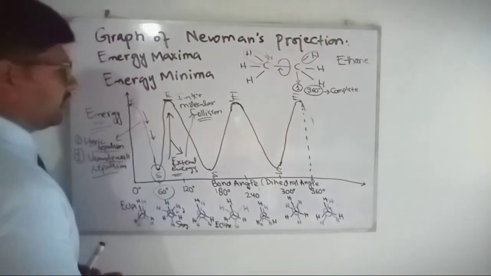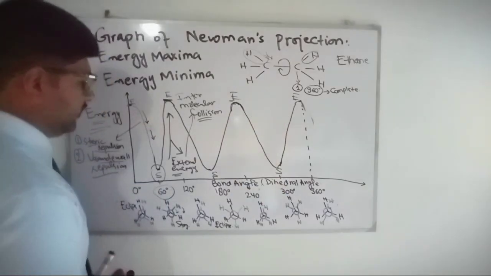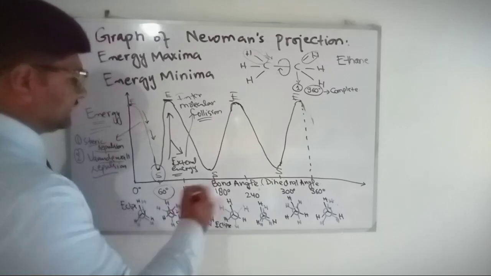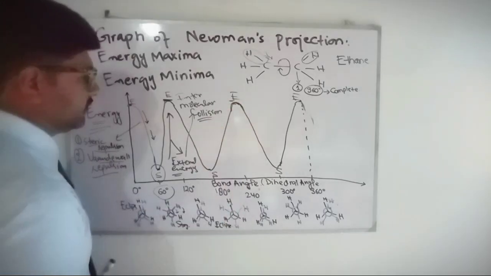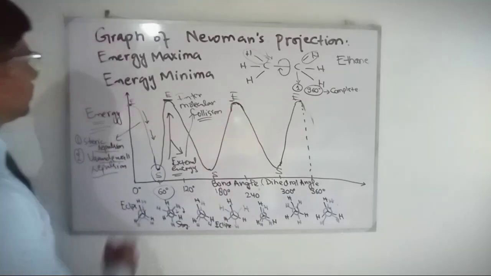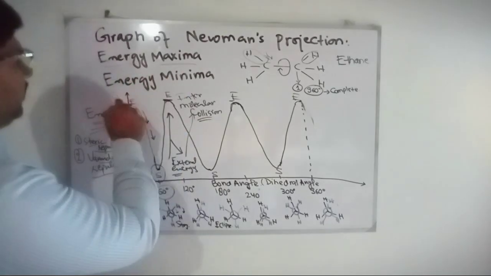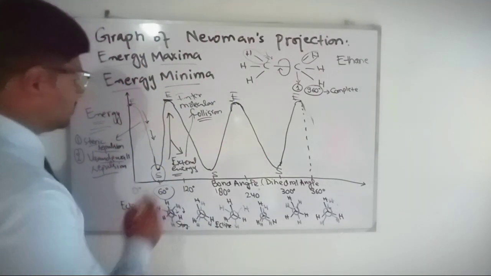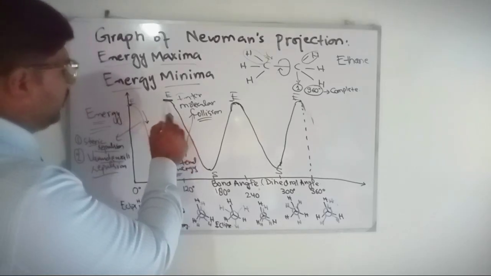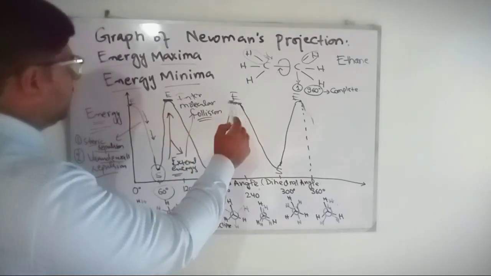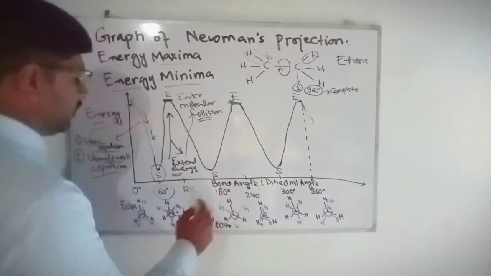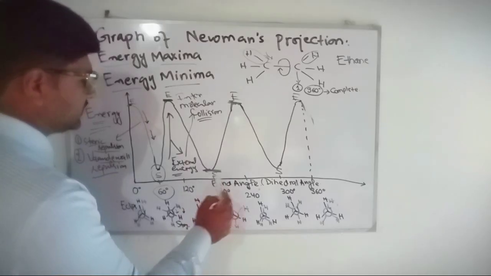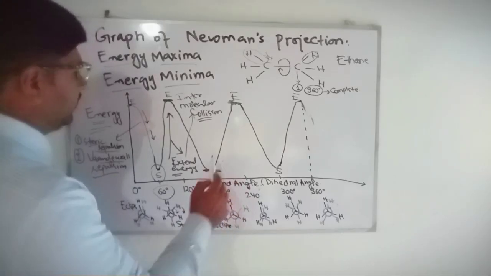So if we provide external temperature, then there is a possibility that these staggered molecules get converted into the eclipsed form. Now, what are these terms, energy maxima and energy minima? Remember that all those states of higher energies are called energy maxima, and all those states of lower energy are called energy minima.